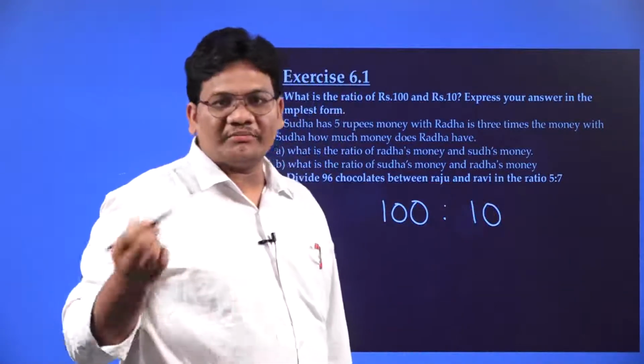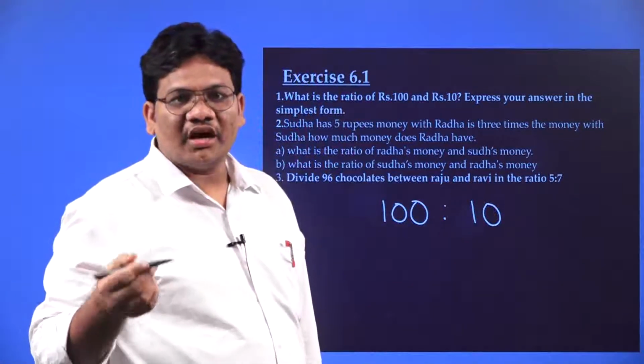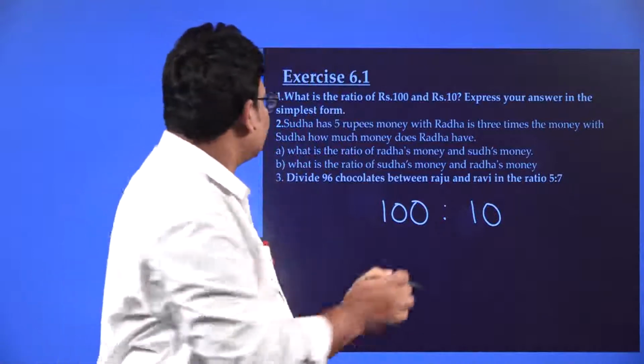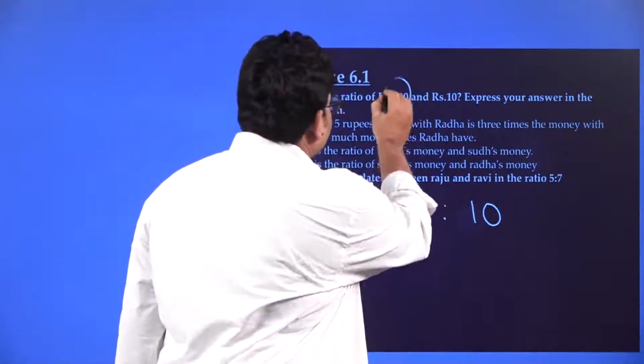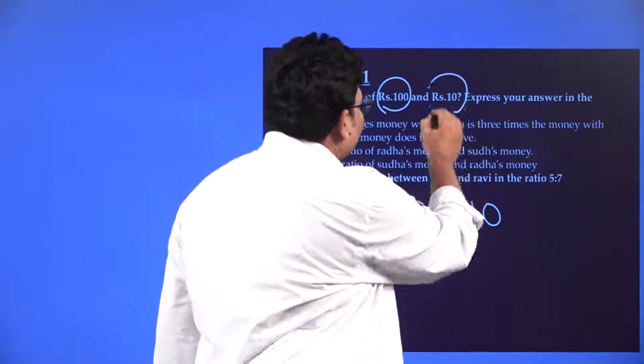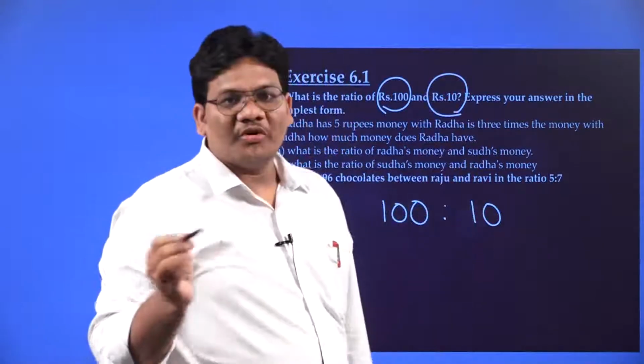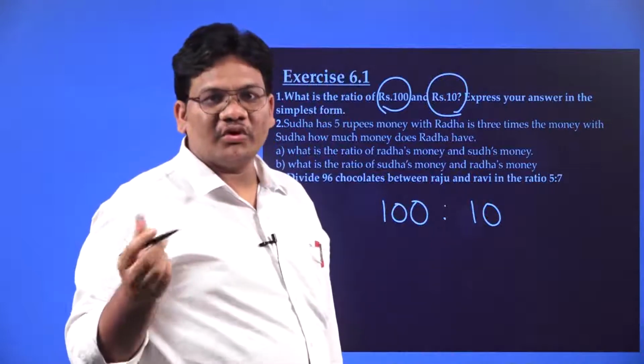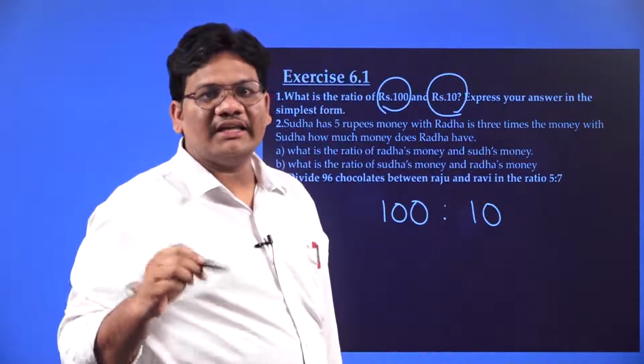Here we have to observe the units of both quantities. First one is 100 rupees, second one is 10 rupees. So both the quantities contain the same units.